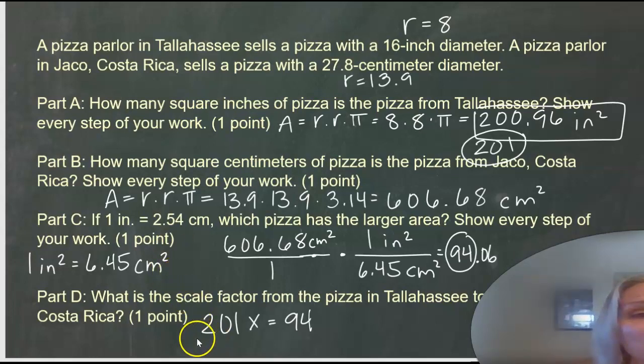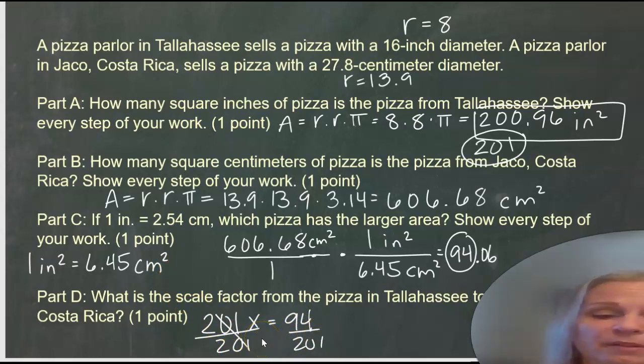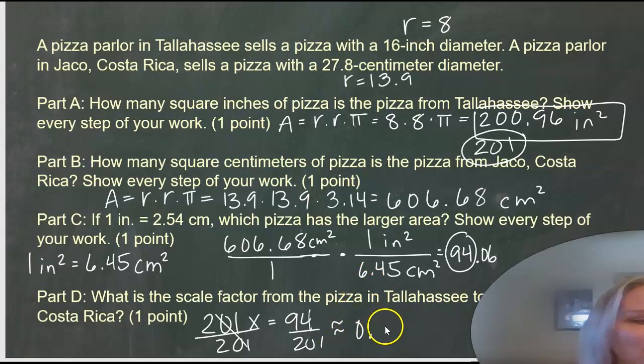So I'm going to have to divide by 201, and let's see what I get. 94 divided by 201 is approximately, and again I'm rounding, you should do it on your calculator so you can see what you get, 0.47. If I round to the nearest hundredth, that's my scale factor.